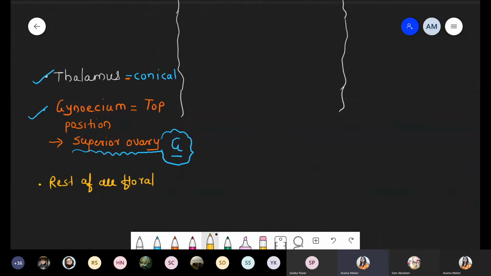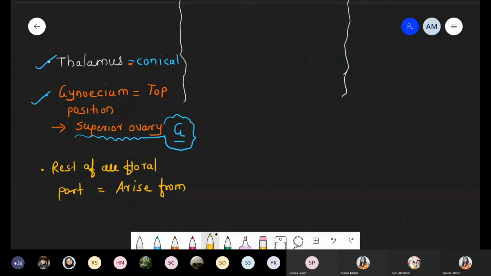Rest of all floral parts arise from the lower side.